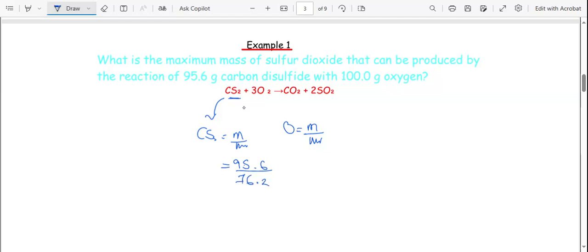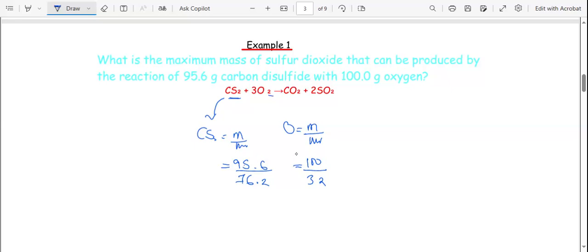So you check the total molar mass of these two. Then also for oxygen we have 100 over 32. Oxygen is 32. Okay, so from there it's oxygen gas O2, you can see there.